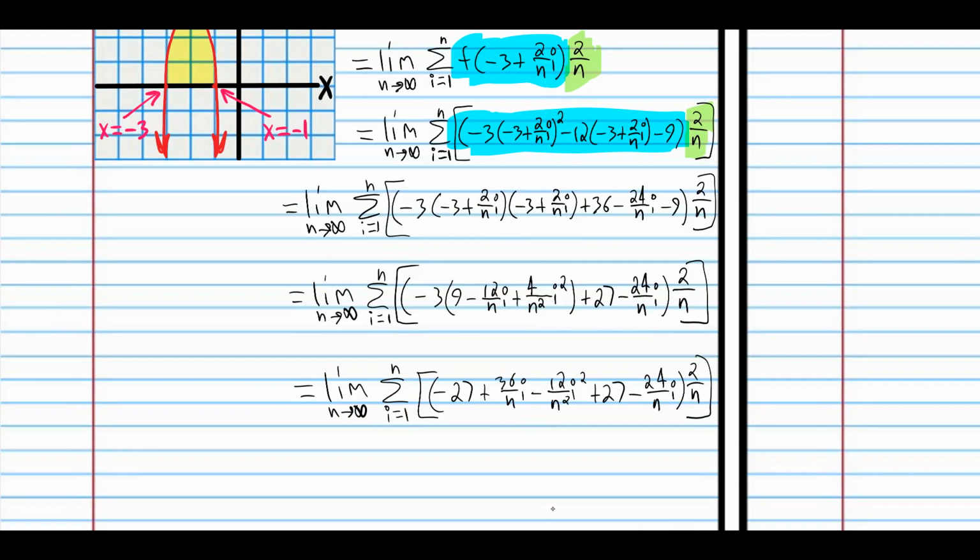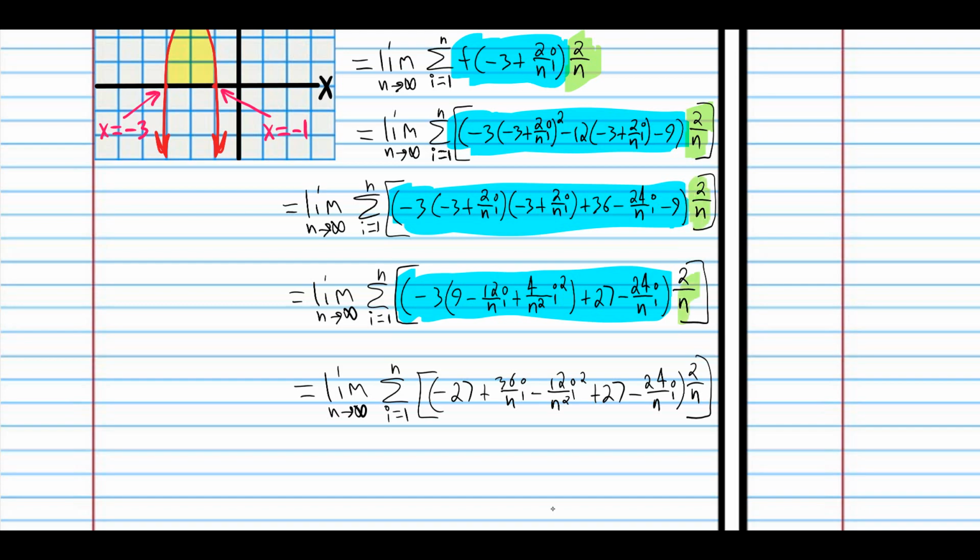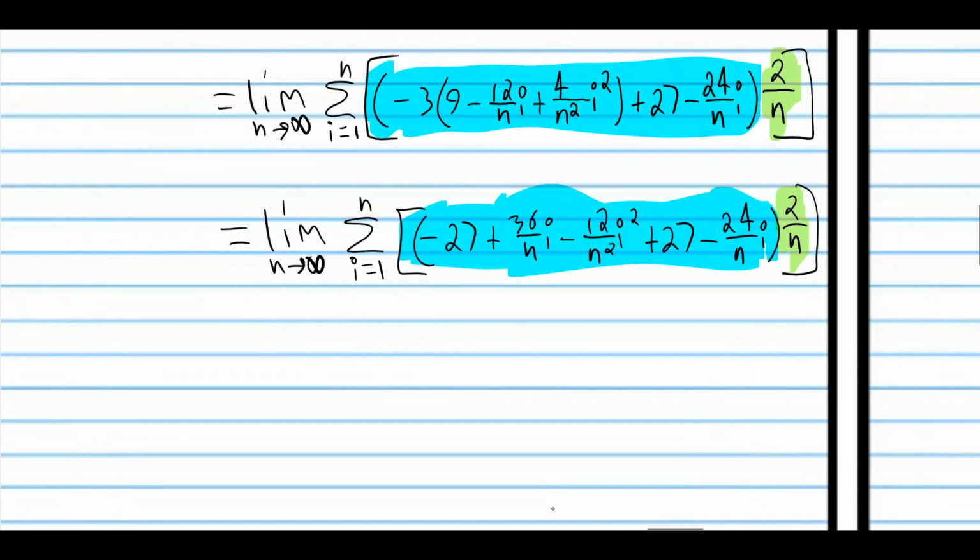So I want to make it clear that that blue expression became this. This blue expression is the height of each rectangle. And of course the green expression is the width of each rectangle. So it's easy to forget where your parentheses should be, but you really need to use the parentheses correctly.